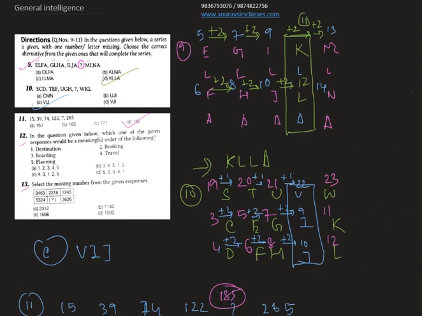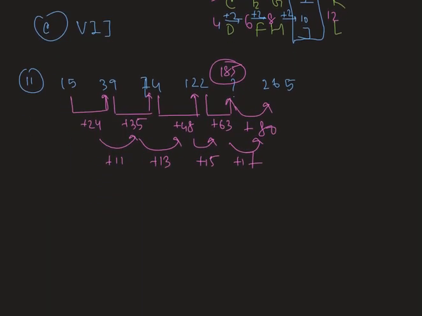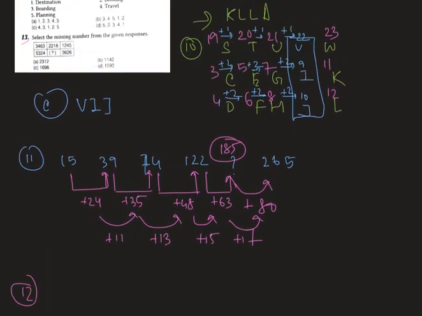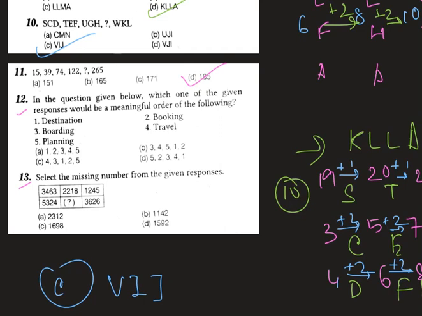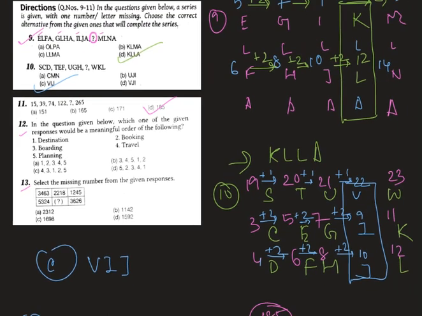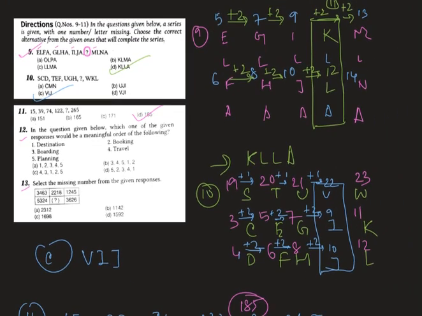Now let's try the next question. In the question given below, which one of the given responses would be a meaningful order of the following? So we have 5 words: destination, booking, boarding, travel, and planning. So we need to rearrange the words in a meaningful way.